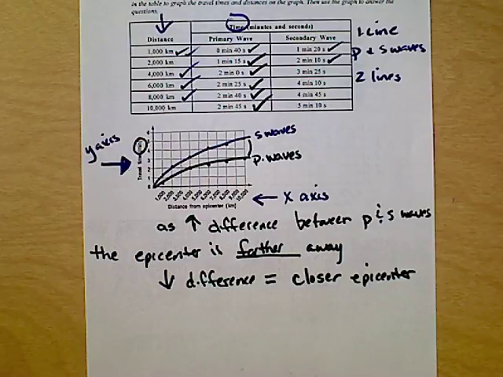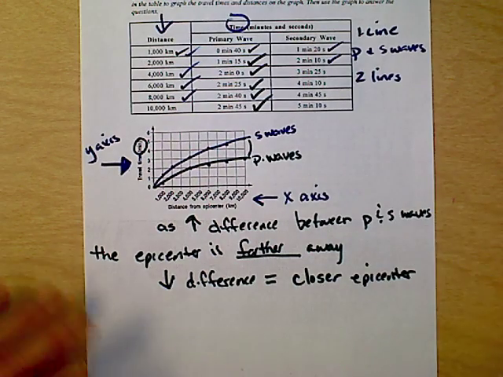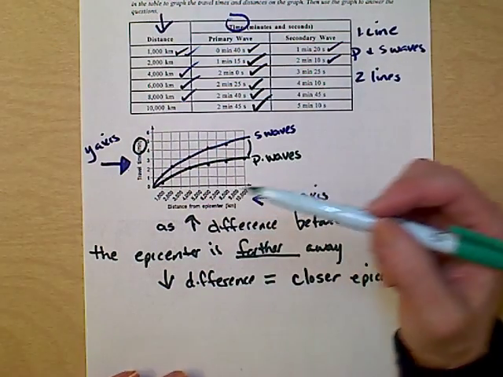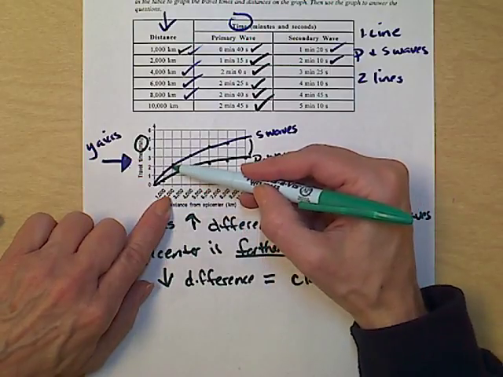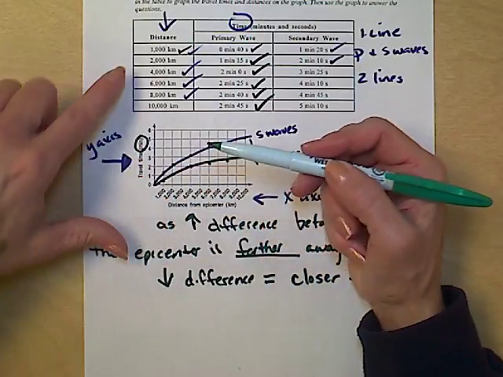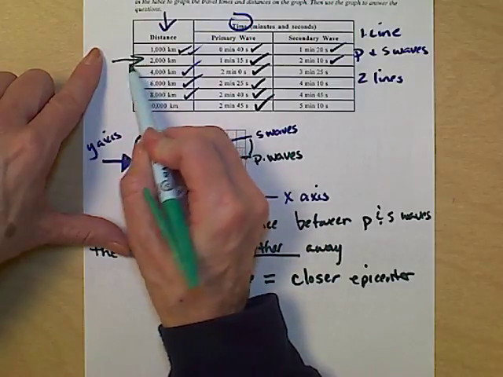Another thing that they might ask you is, what is the difference between the traveling times for primary and secondary waves at certain points? So they might say, what is the difference at 2,000? You can look at it on your chart here and do it that way, or you can look here at 2,000.